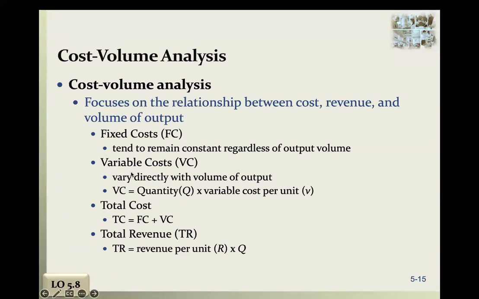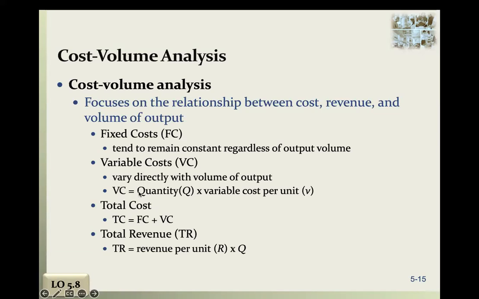Because variable cost depends upon the number of units, whenever we write variable cost, we always multiply it by the quantity. So this is a rule, because again, variable cost depends upon how many customers you are serving.